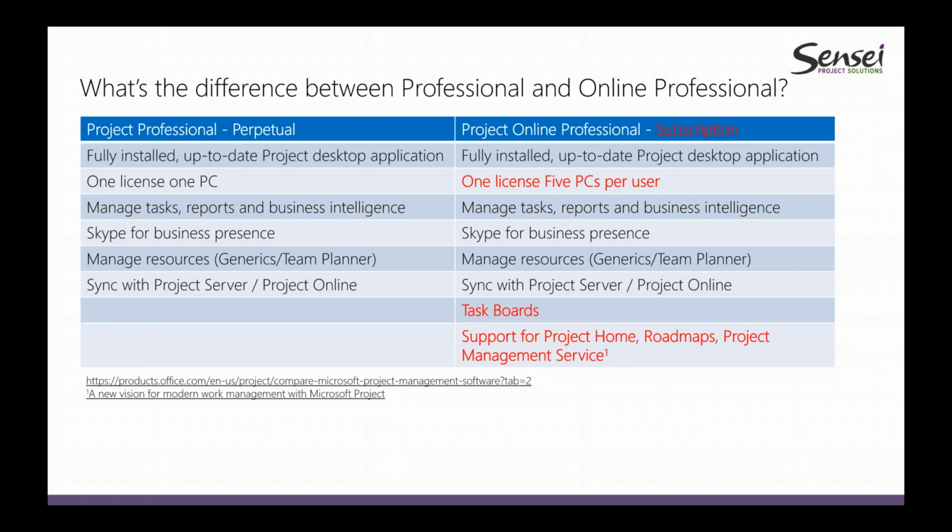We will talk about the licensing particulars with that in a minute. But the difference between a subscription product and the perpetual product, one is with the licensing. So instead of one license per PC, you've got one license, but the user can use it on up to 5 PCs per user. So that's a nice benefit for the subscription product.